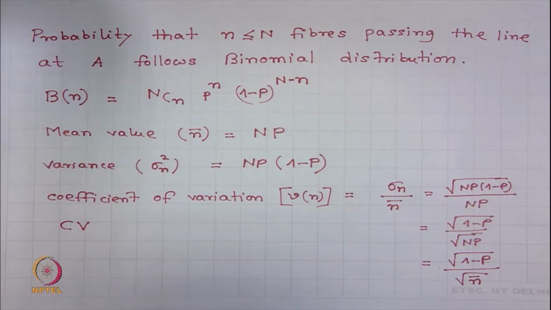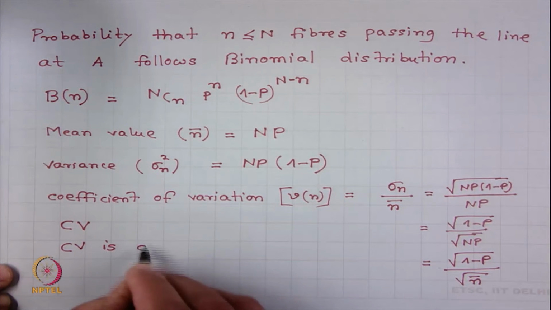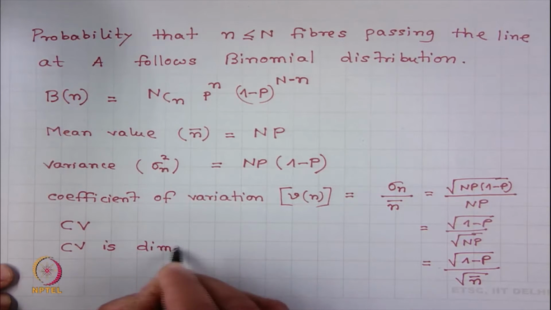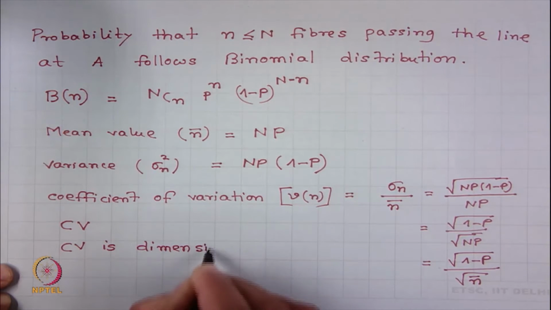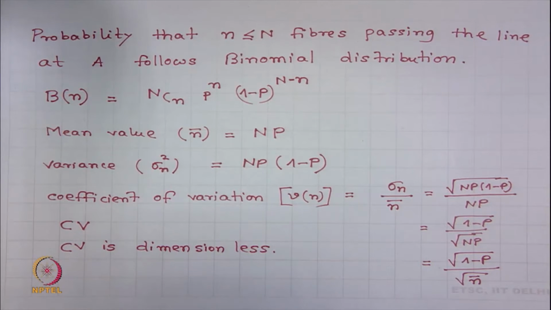You might have noticed that in this expression, C v, the coefficient of variation, is dimensionless. It can be expressed in percentage if we multiply this by 100, right.